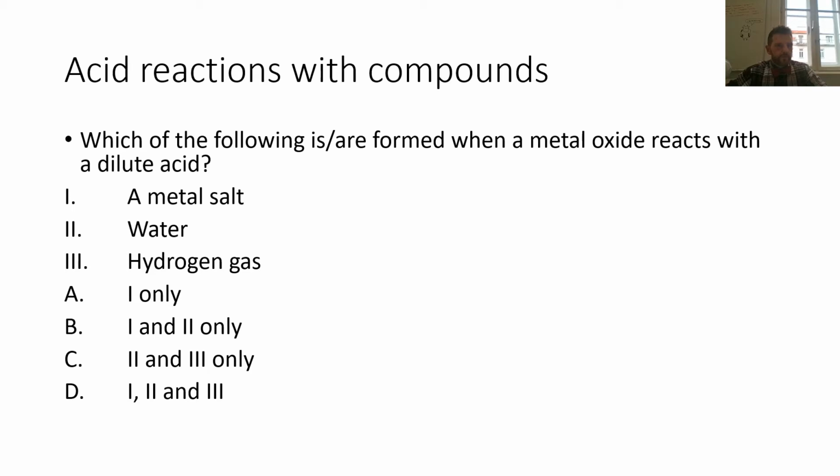Acid reactions with compounds. Okay, so which of the following is/are formed when a metal oxide, so we would do, I'm going to just pick one, like MgO, that's a metal oxide, reacts with a dilute acid. So they didn't say if it was strong or weak, so what I'm going to do then is just make up an acid that works for me.